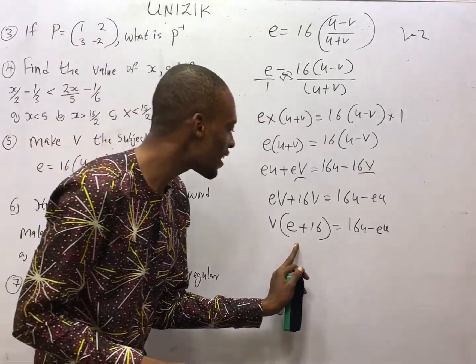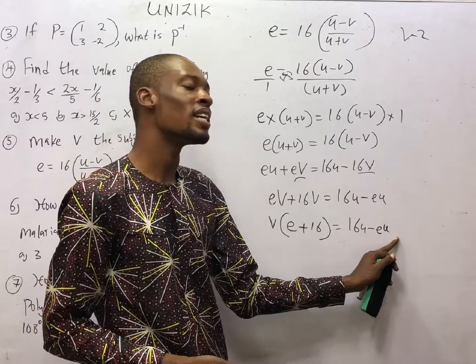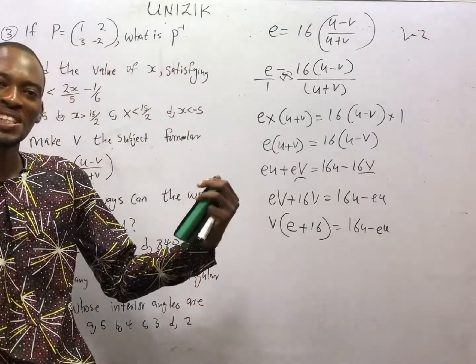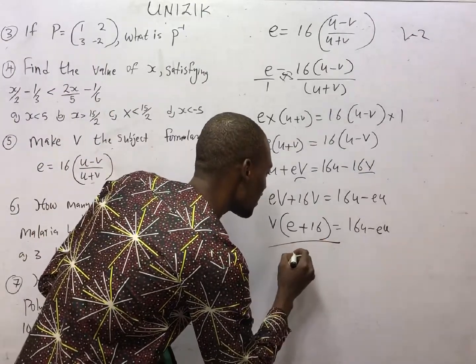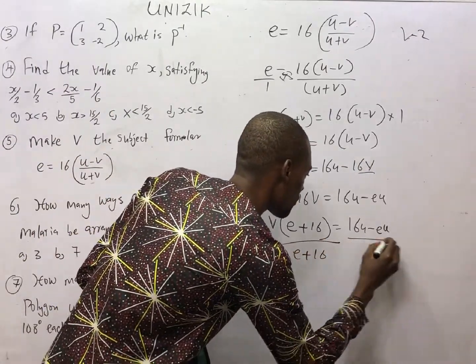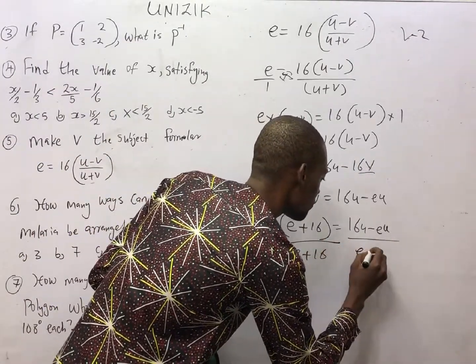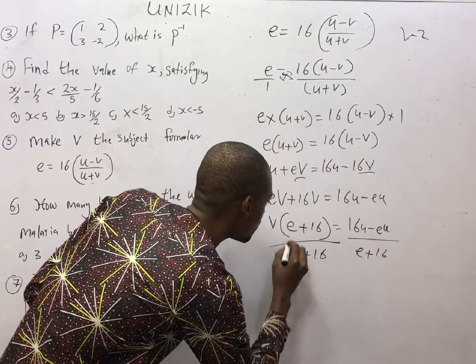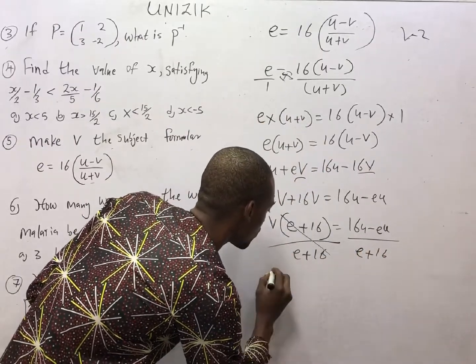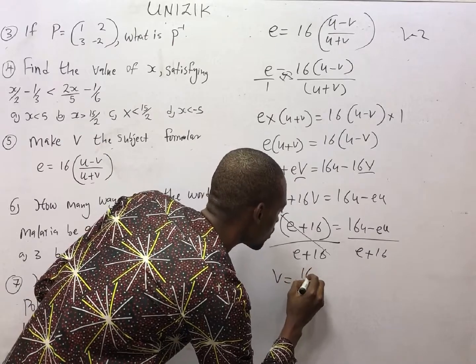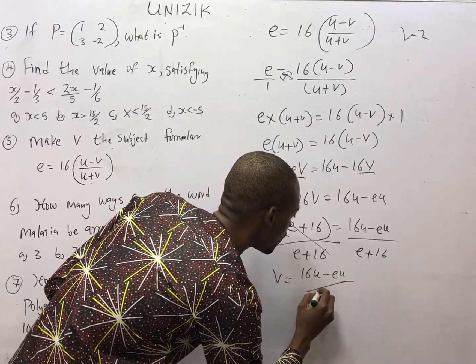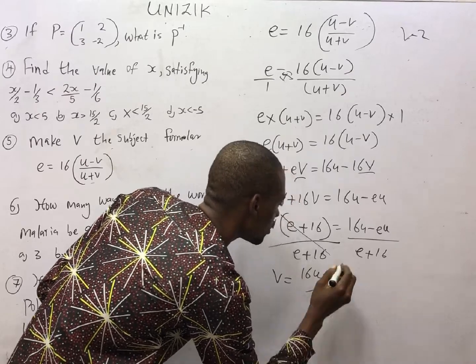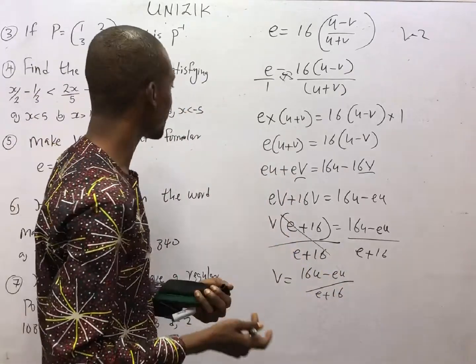So if I divide here by E plus 16 and divide here by E plus 16, V has become the subject of the formula. So V is therefore equals 16U minus EU over E plus 16. So this is definitely the answer.